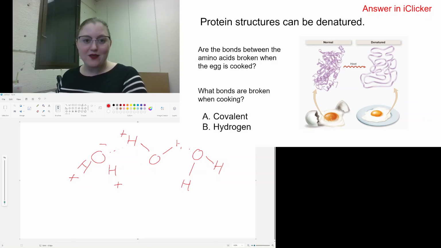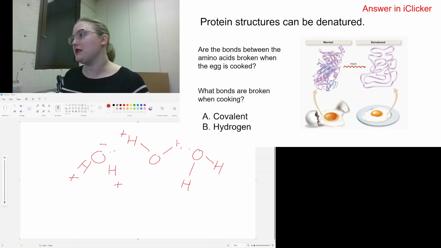That is the process of denaturing a protein. So our normal protein in our egg has lots of helices and those zigzag sheets. Then we heat it up and it denatures. The molecule is the same. All of those amino acids are still here, but they are unfolded.